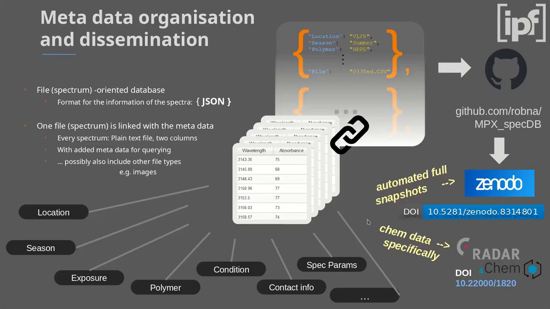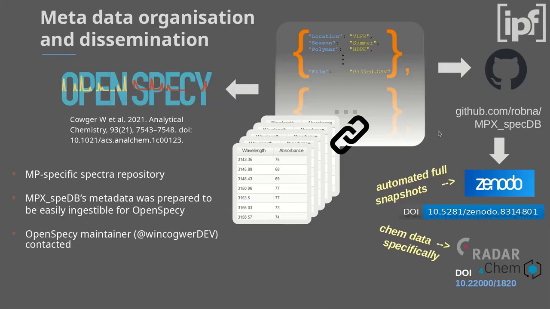So I have a technical solution by now that I want to implement, but at the time when I published this, this was the situation. I described that the chemical data is also available on the chemical repository, Radar for Chem, but everything is also available in the code repository that holds all the code that I wrote to make this, and holds the spectra as well.